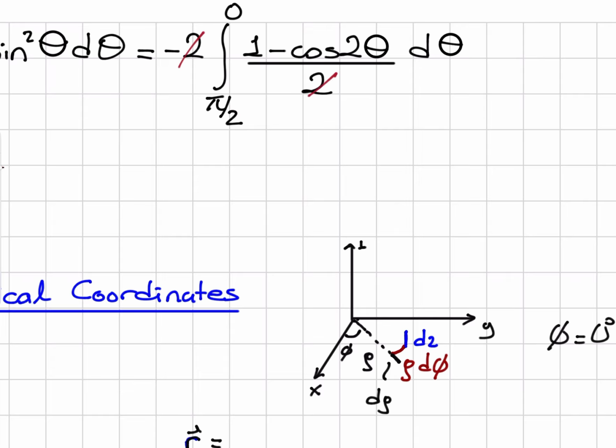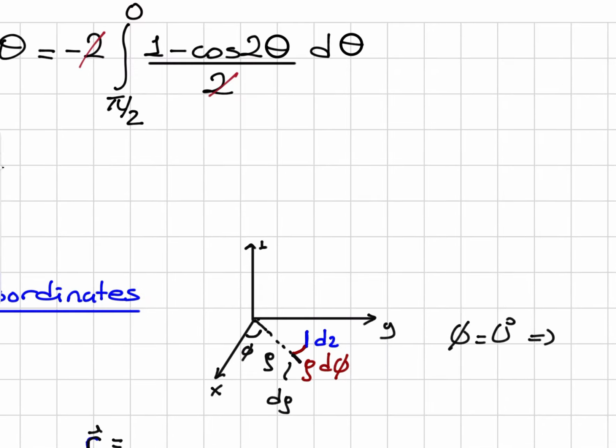Using the minus sign, we're going to have cosine 2 theta minus 1 d theta.